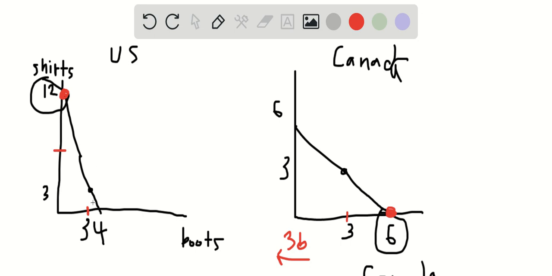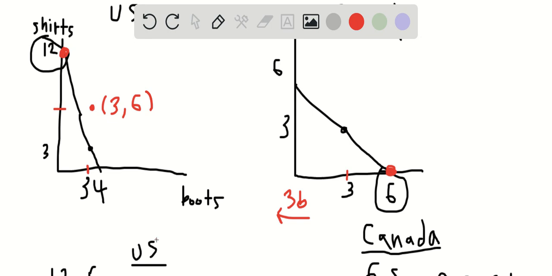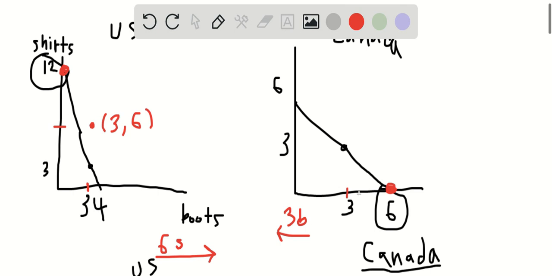So now they're at 3 boots and 6 shirts, and they're giving Canada 6 shirts. And over here, Canada is getting 6 shirts and 3 boots. So both of these countries are outside of their original production possibility frontier, which means that this trade was worth it.